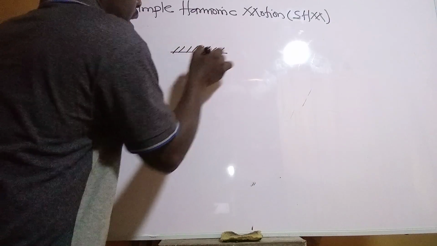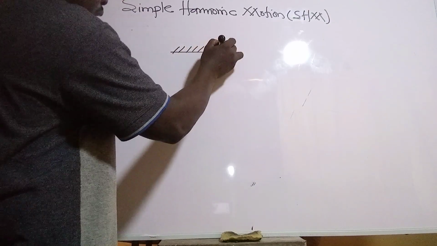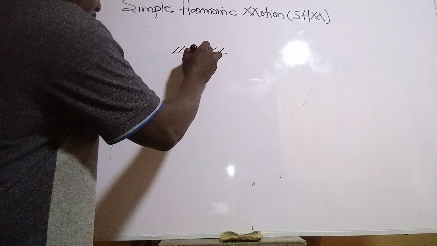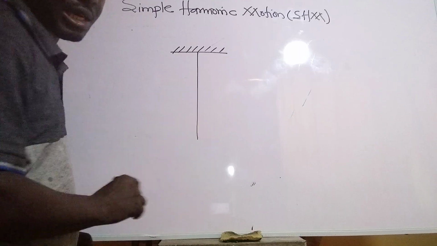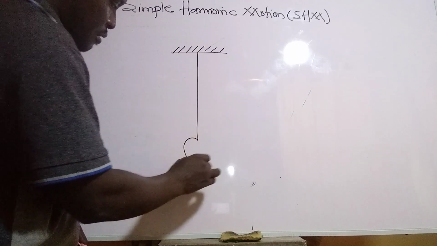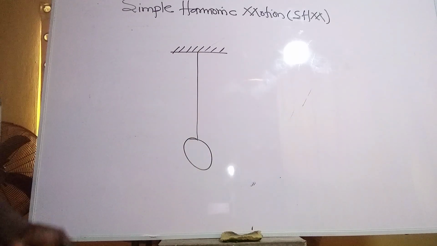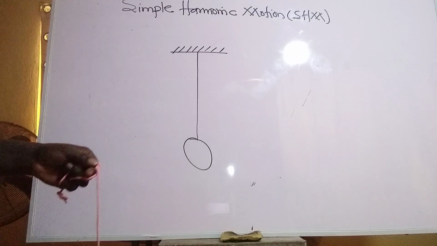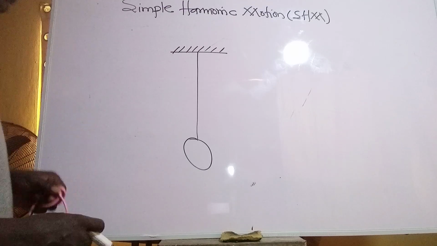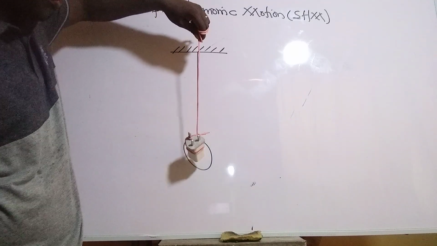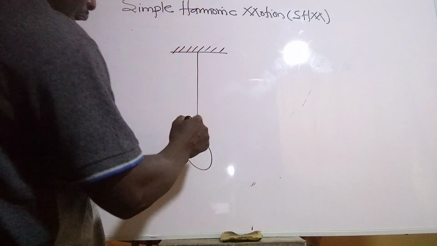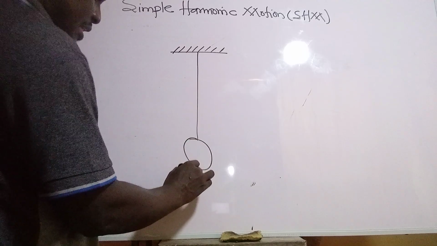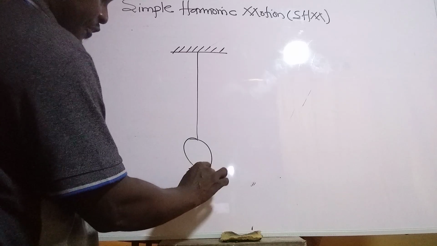So a picture: this is where the rigid point, where the whole system is connected to an immovable point. This is the string. This is the mass or the body. At this position, the body is fixed at a point.